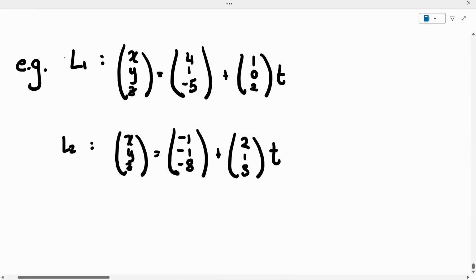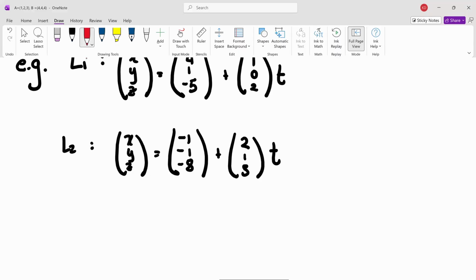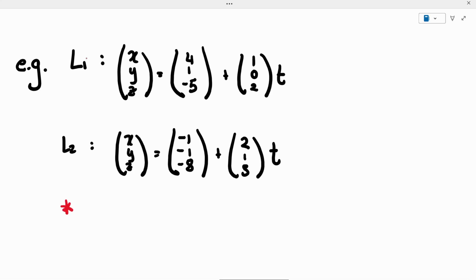Of course, we know these two lines lie on two planes, and we really want to find the distance between two planes here. So let's find the point on a plane. Let's use L2 this time. This line is contained on pi 2, and this line is contained on pi 1.